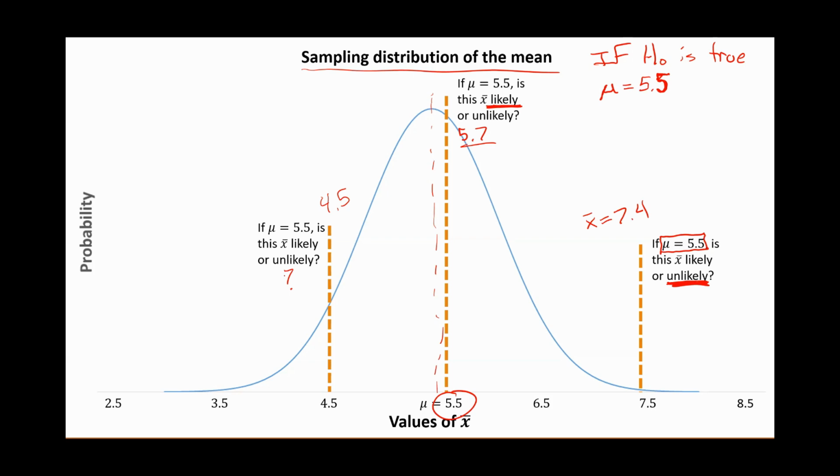So the intuition here is, if we find a sample mean that is really unlikely under the assumption that the null hypothesis is true, if there's a very low probability of finding a sample mean somewhere around ours under the assumption that the null is true, then we might begin to ask ourselves, maybe the null is false.